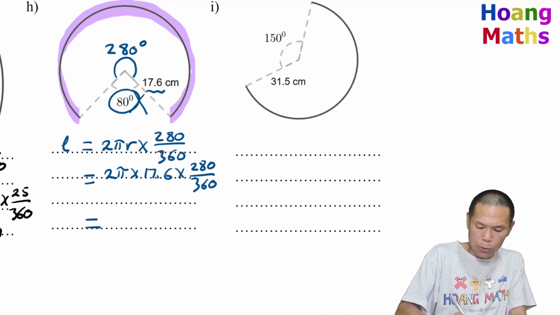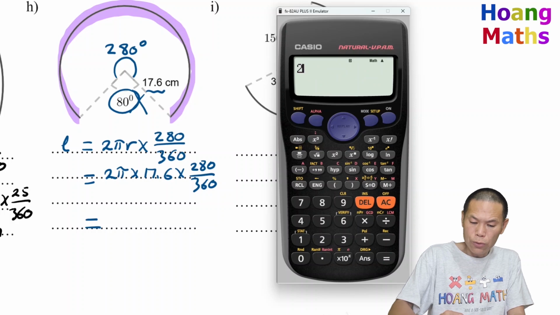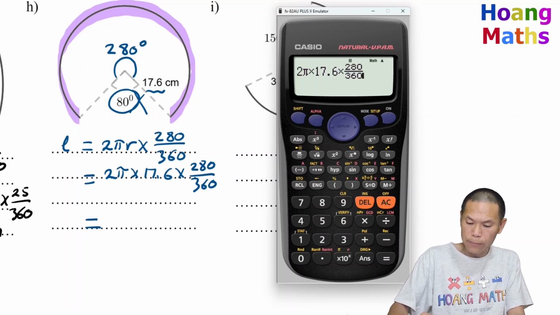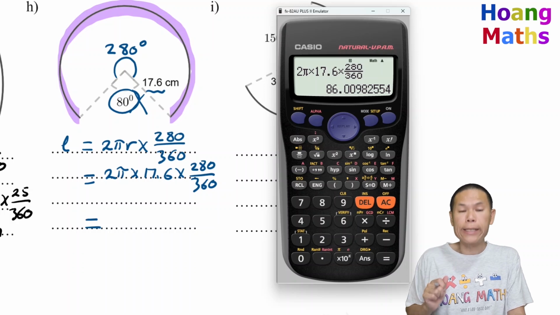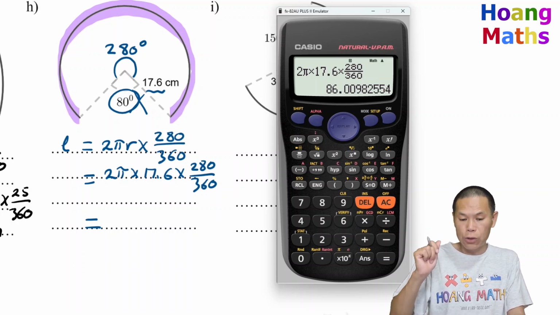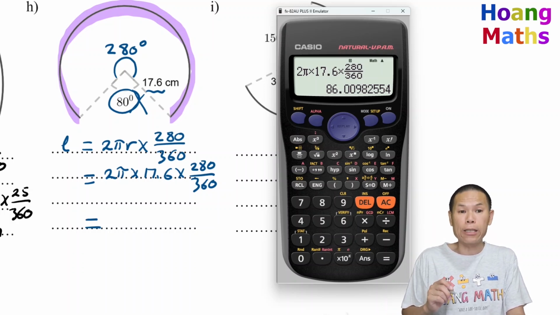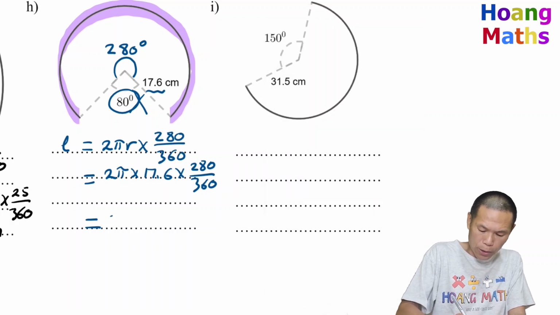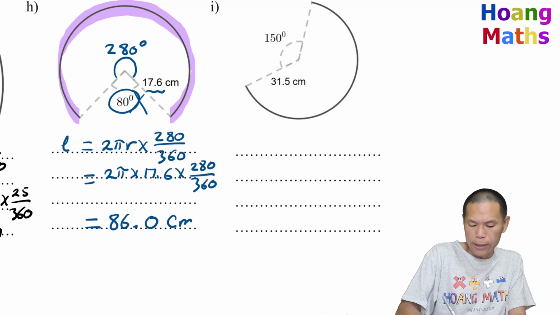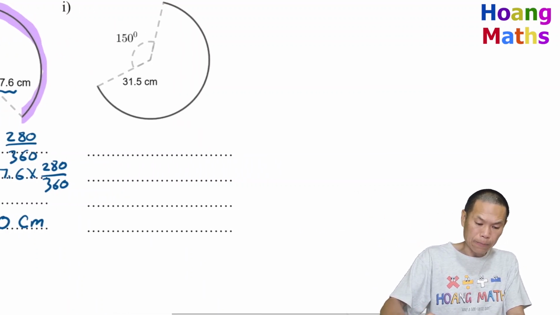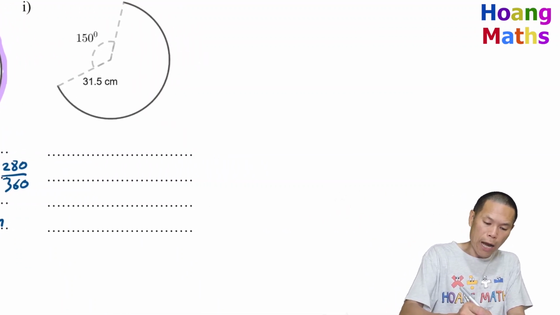So just go 2 pi times 17.6 times 280 out of 360. So there you go, 86.009 and so on. So the answer is 86.0 centimeters.